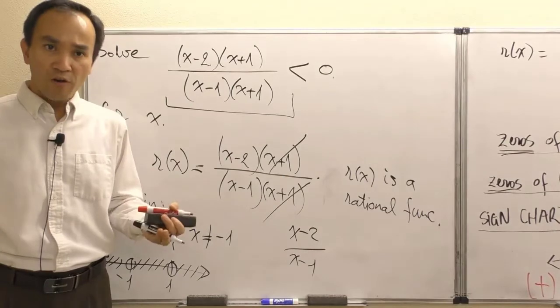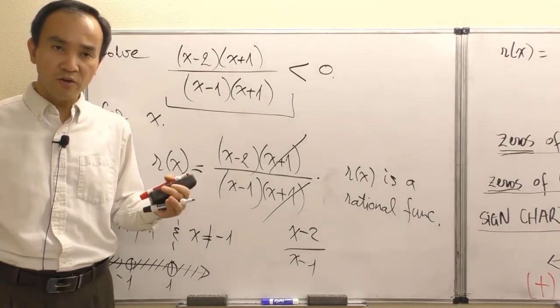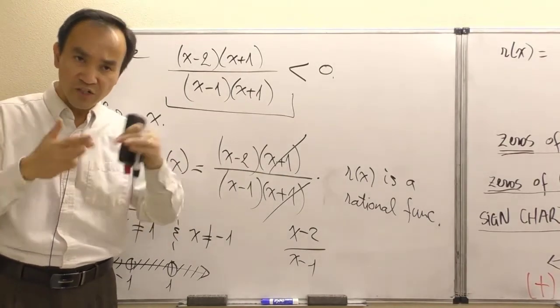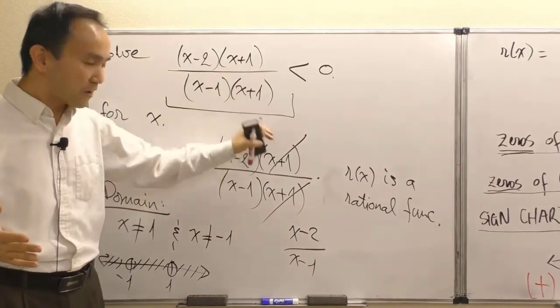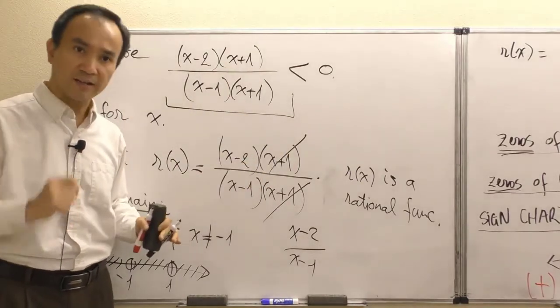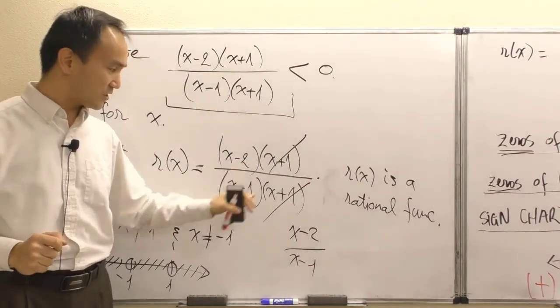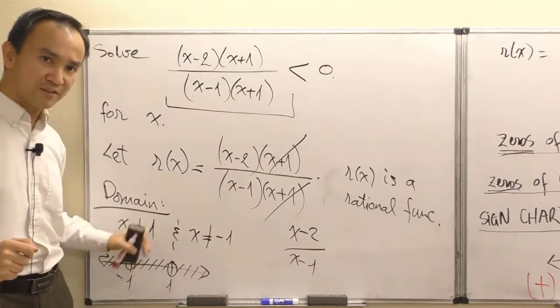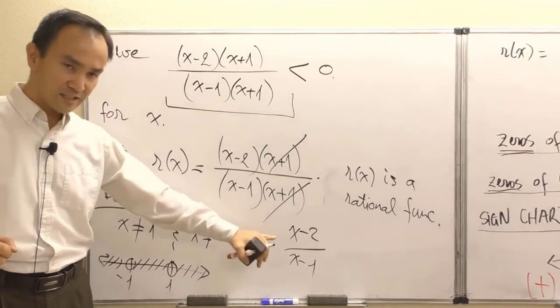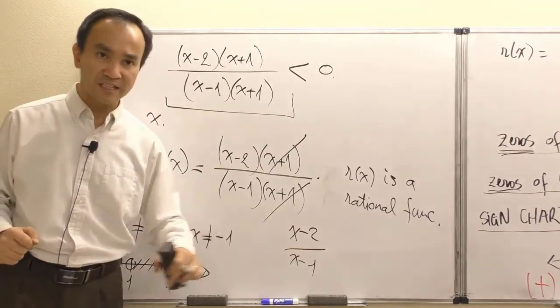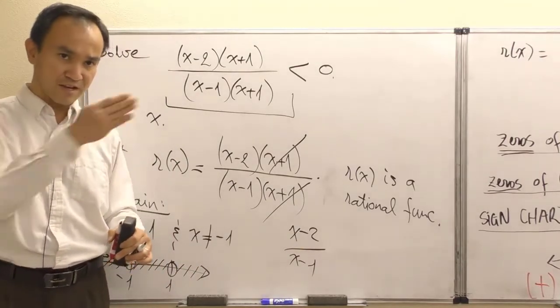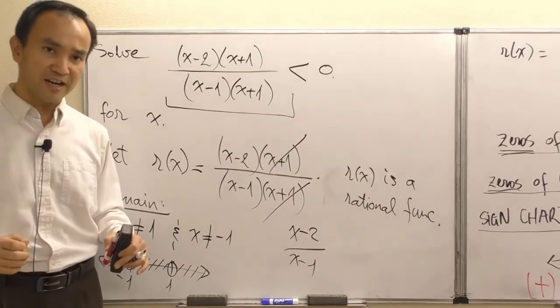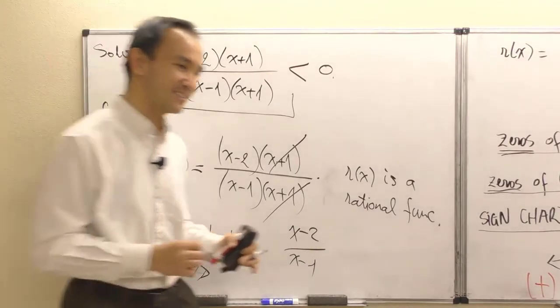So now we have a whole interval of values. Think about the sign chart. Which interval makes our rational function here negative? That's just the simplified version after we have considered the domain carefully, making it easier for the computation. Okay, now let's go over to the other board and find out our answer based on the sign chart.